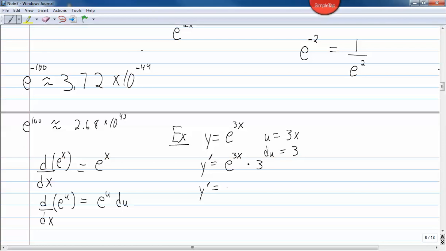So that is 3 e to the 3x. This is probably the easiest derivative of any function that we take. Take the derivative of the power and multiply that times the original.